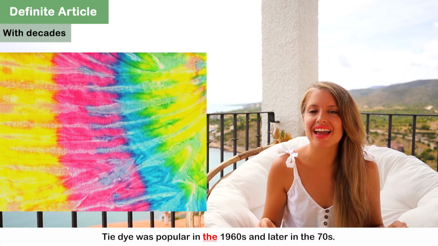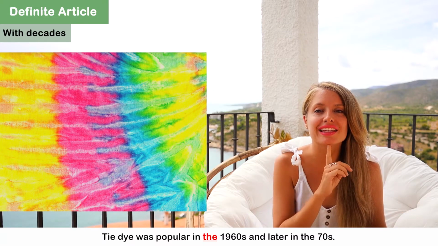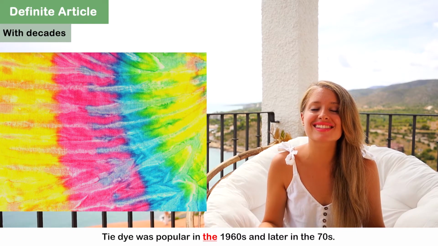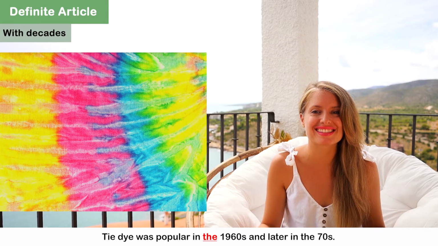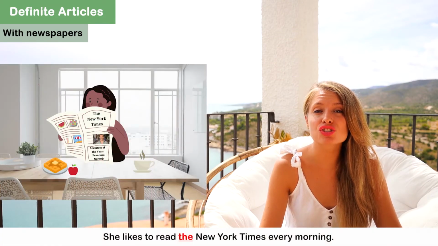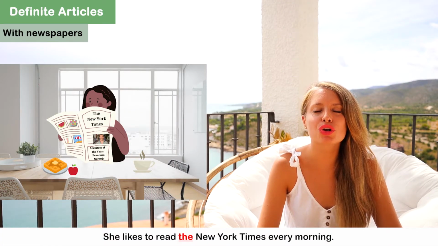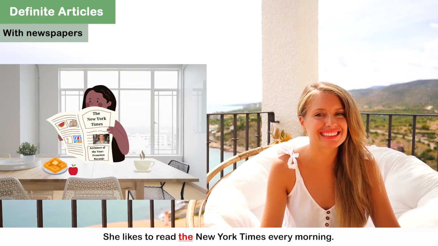Or with decades, for example, tie-dye was popular in the 1960s and later in the 70s. With newspapers, for example, she likes to read the New York Times every morning.